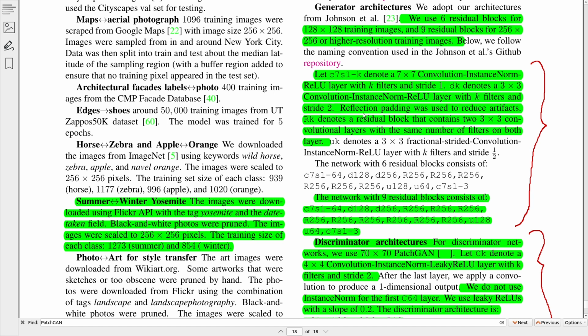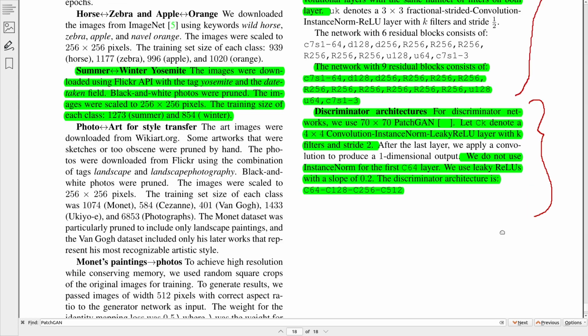And about the R, the reflection padding was used to reduce artifacts. Rk denotes a residual block that contains 3 by 3 convolution layers with the same number of filters on both layers. All right, and of course the most important point to note in this architecture is that here we do not use batch norm, instead we use instance norm.